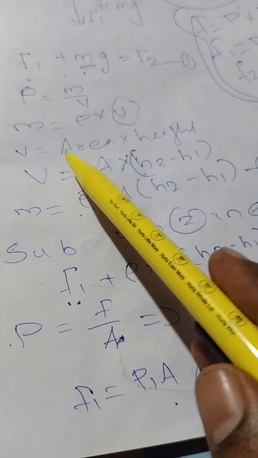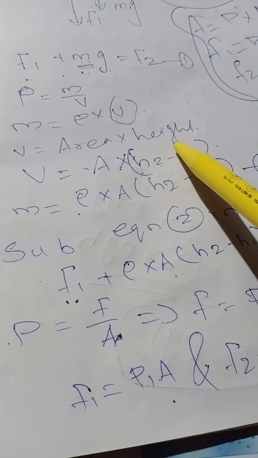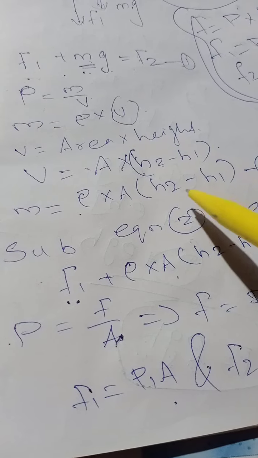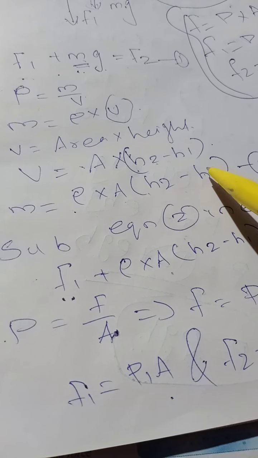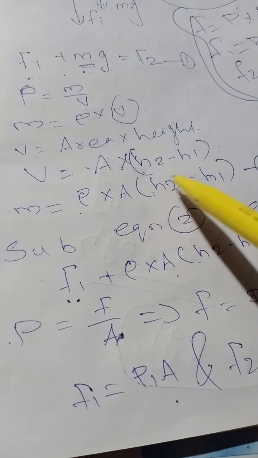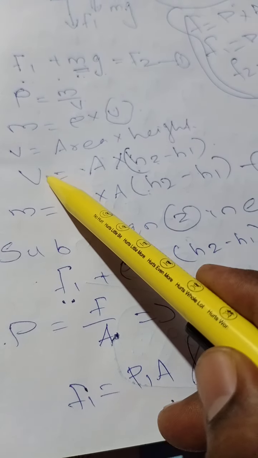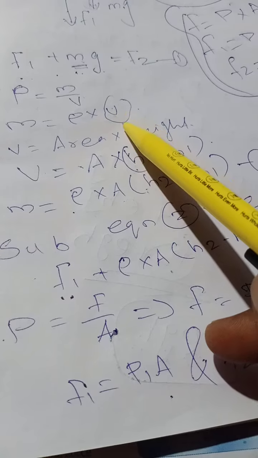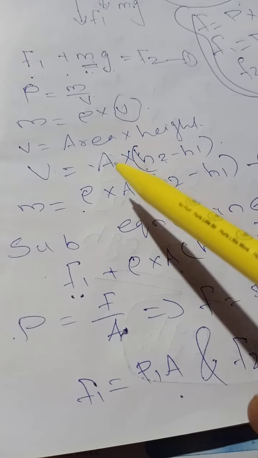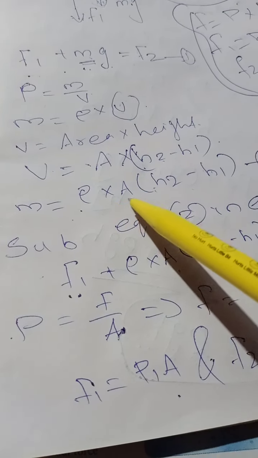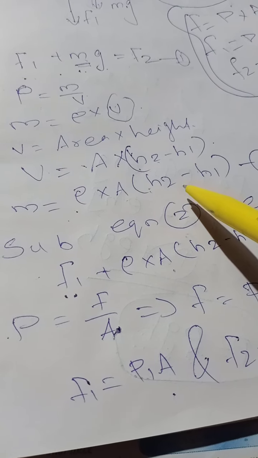Volume is equal to area into height. Here h means h2 minus h1, the height difference you have to take. Now substitute this volume value here. So m is equal to rho into A into (h2 minus h1).